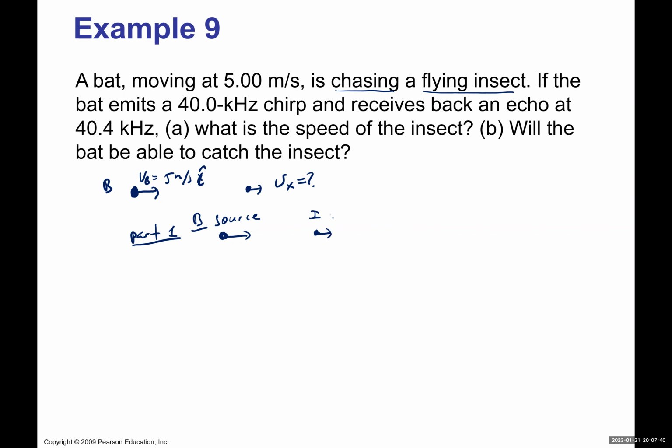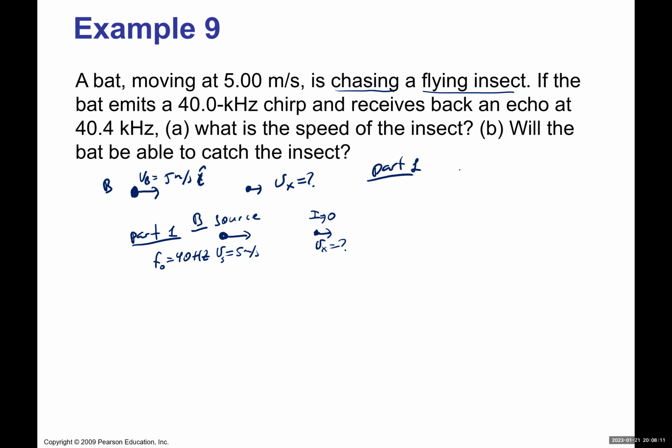I'll put it like this. Again, the speed for the source is 5 meters per second, and the observer speed is unknown. I'm doing the first part. The original frequency is 40 hertz.